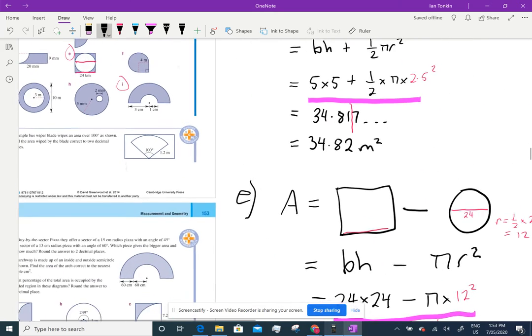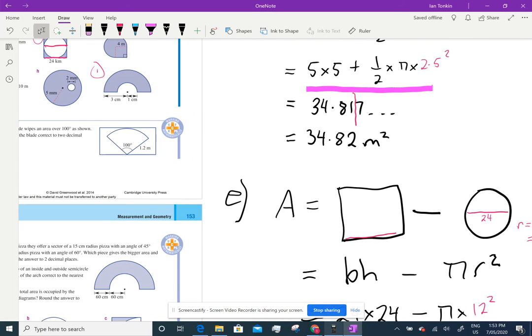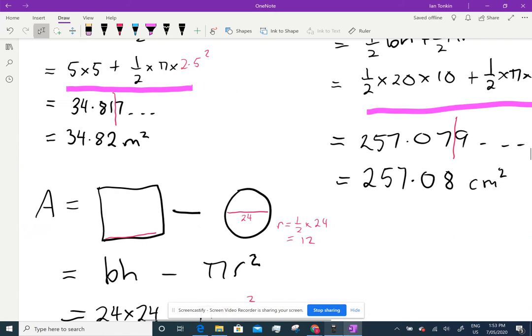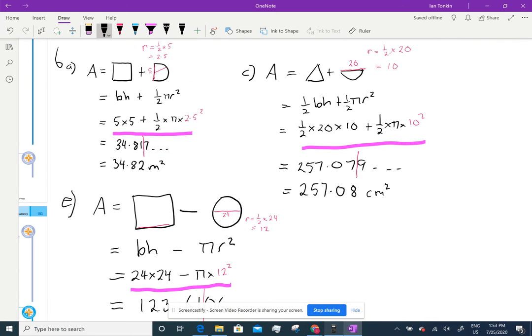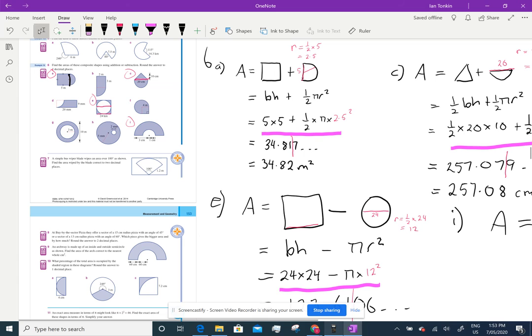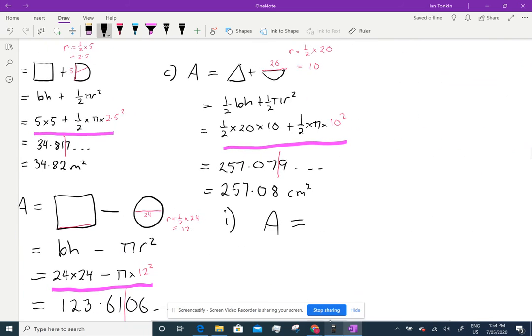The last one I want to do for you is this one. So I. And again, this one has a hole in it, so it's a subtraction. So my area, let's have another look at it. Well, I've got a big semicircle minus a little semicircle, which is the hole in the middle. Area of a semicircle, well, that's a half pi.